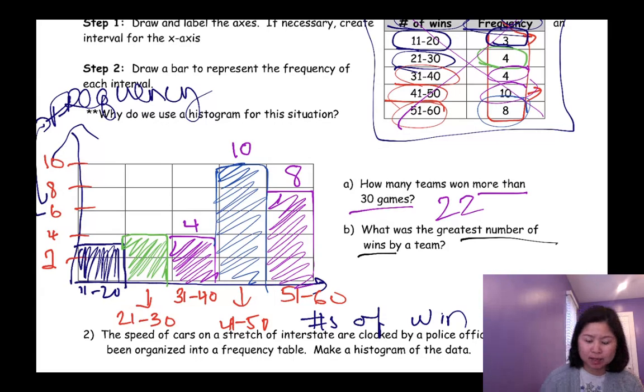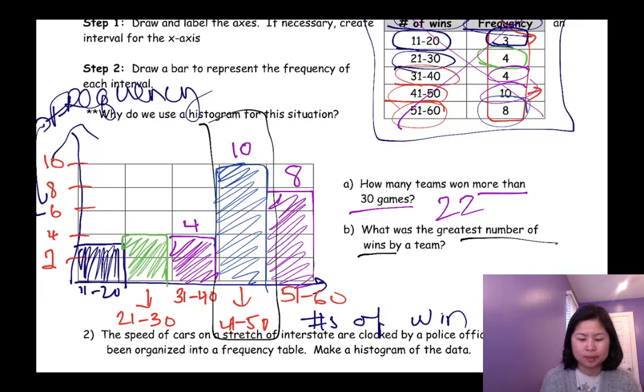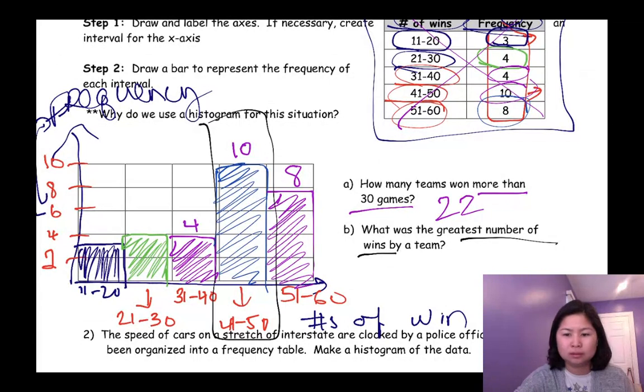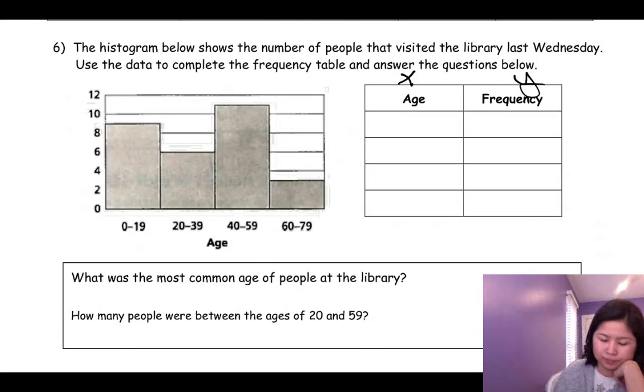By a team, the team that will have the highest win, which is this team right here, right? The 40 to 50, that is the team. I'm sorry, I said it wrong. Never mind. Give me one second. So it should be the first group right here.